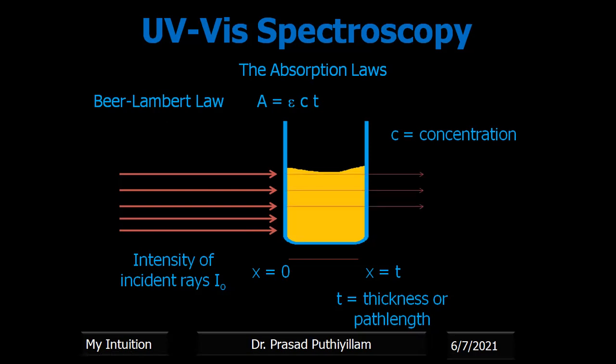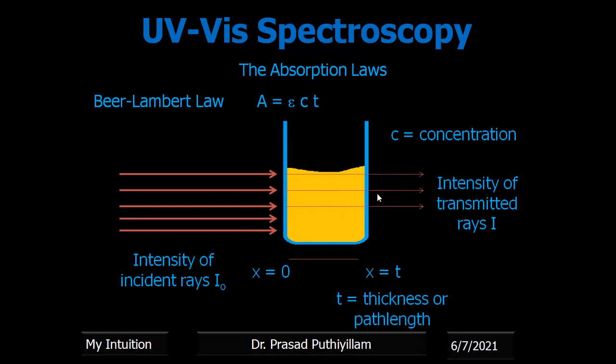Some of the rays pass through, and as the thickness increases, the intensity decreases, because some of the light is absorbed by the medium.